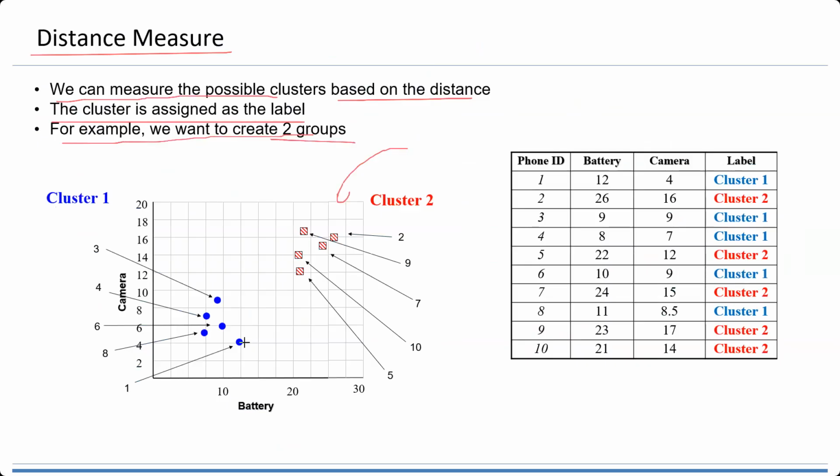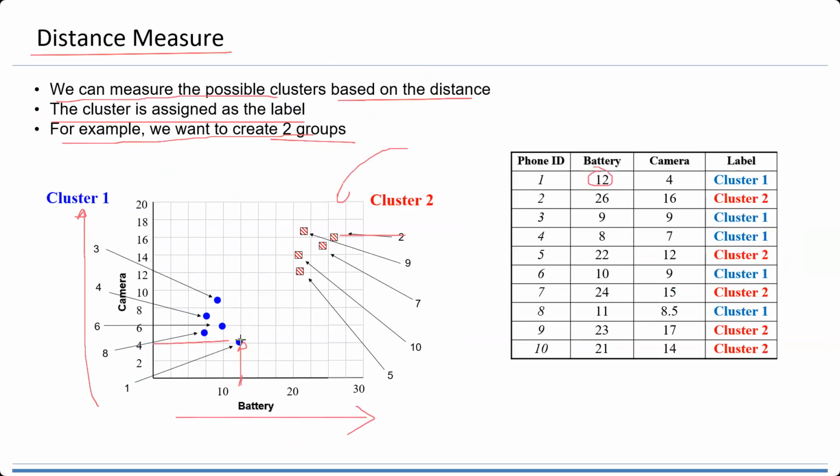This is the data number 1. This is the data number 2. Okay, so this is the battery, and this is the camera. So we can plot if the battery is 12 and the camera is 4 megapixels.